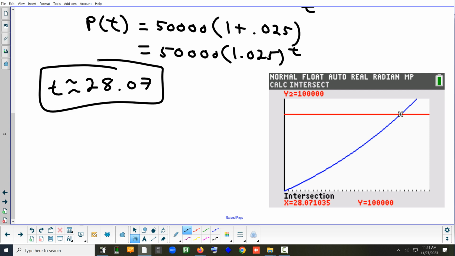You should always use an approximate when rounding, right? Yeah, anytime you round, you should really be using that symbol because it's not exactly 28.07. Should we say years after? Yeah, I should throw years in there. 28.07 years. Yep. Question on that one?